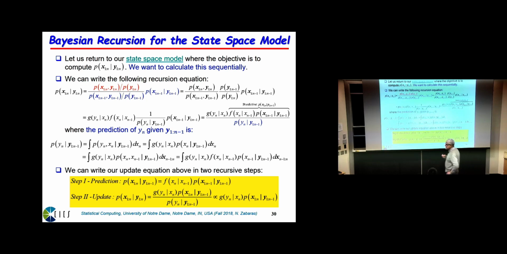And what I want to do is start building some recursive equations where, if I compute this posterior at n minus 1, I should somehow be able to reuse that at time n. That's the objective, right? This posterior we're going to compute at time 1, at time 2, at time 3. So can we write down some recursive equations where I can use this posterior of x 1 to n minus 1 given y 1 to n minus 1? Can I reuse this to compute that?